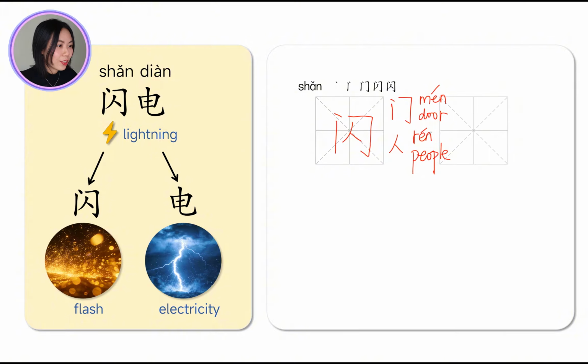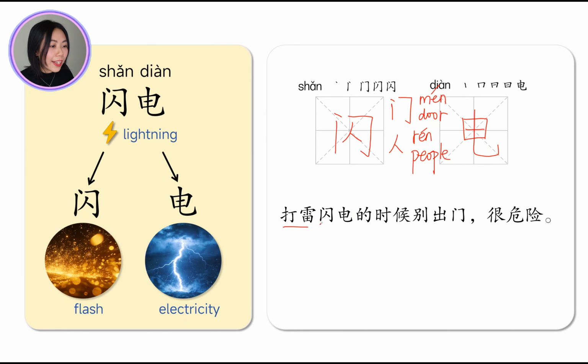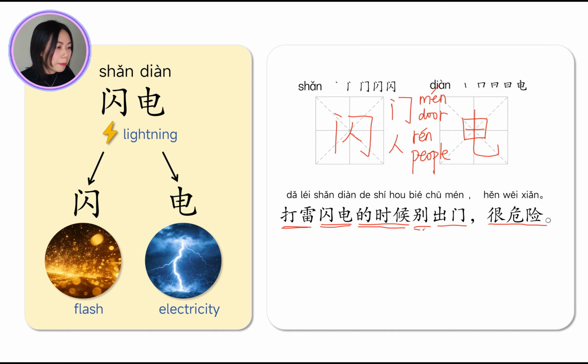Okay, let's try to write 电. 1, 2, 3, 4, 5. Easy.